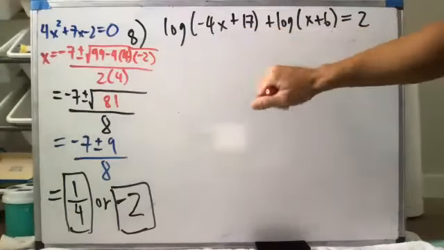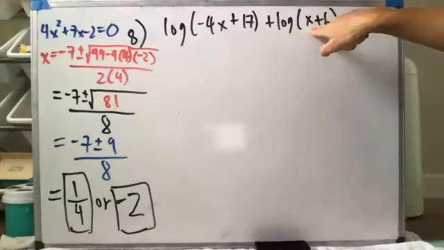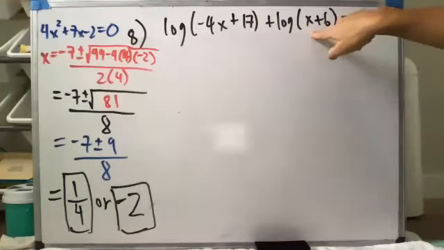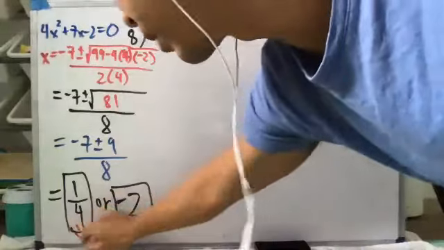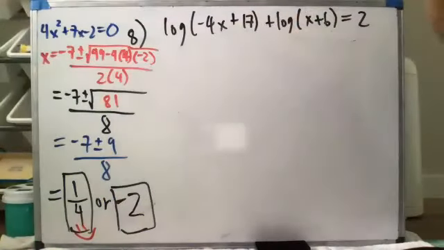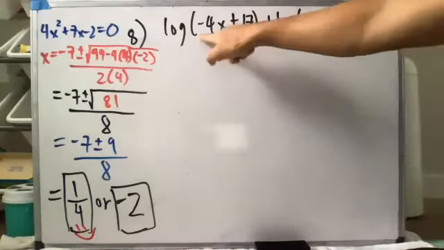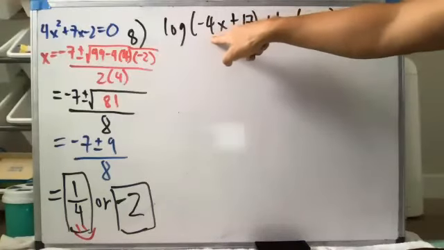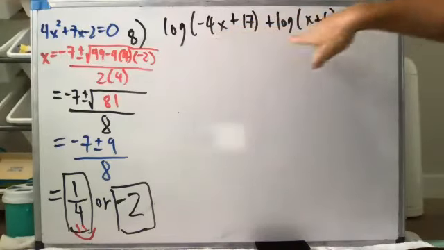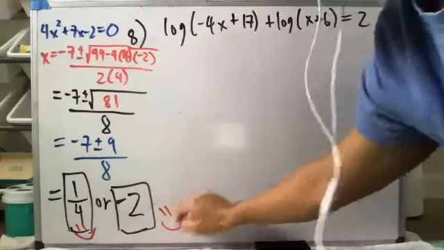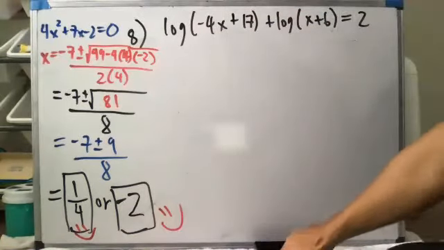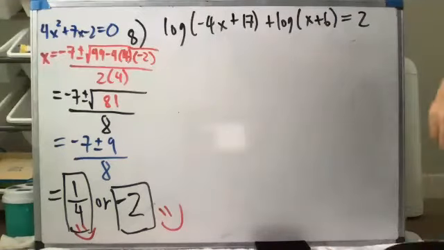Positive plus positive is still positive, so that's okay. So 1/4 is an answer for sure. What about negative 2? Negative 2 times negative 4 is positive 8, and negative 2 plus 6 is positive 4. So that one's okay too. So actually, these are both solutions this time. Does that make sense to you guys?